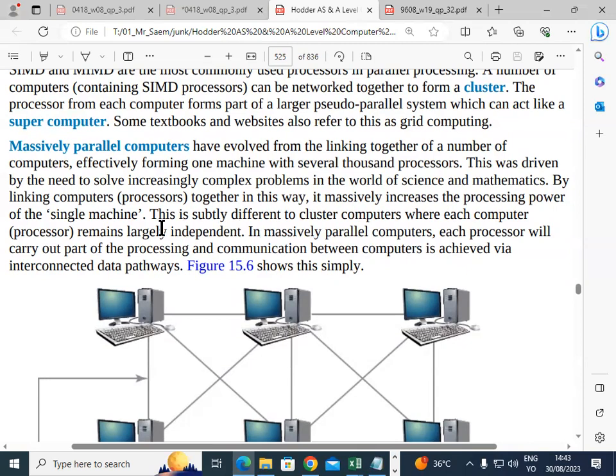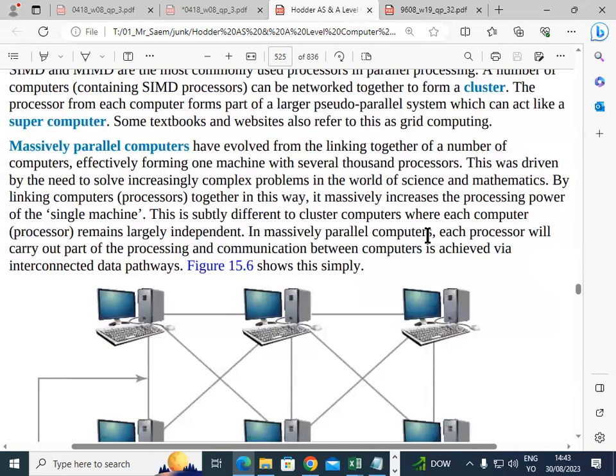Can you listen to this? Okay. This is something different to cluster computers, where each computer processor remains largely independent. Because they are clusters, they are independent.